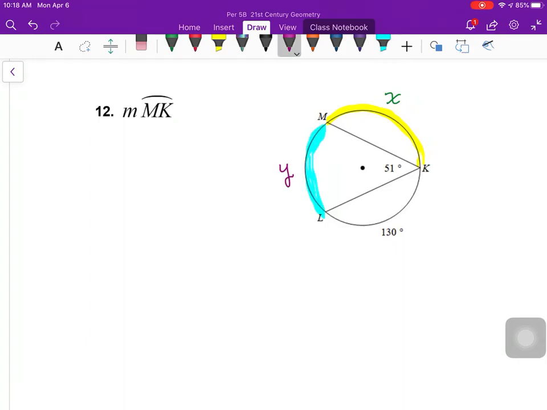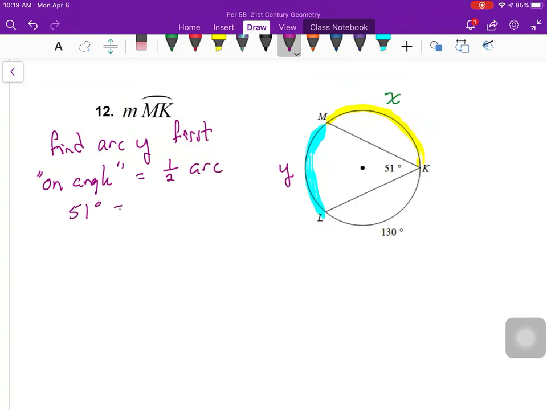But once again, I think we're going to find this arc first. Now, we have an on angle. That will be equal to half of the arc.